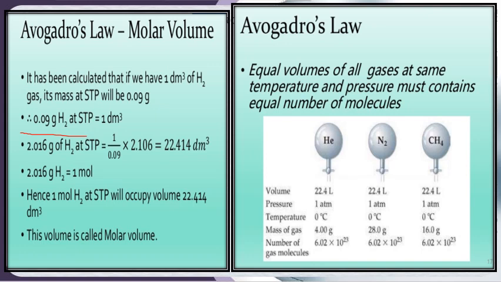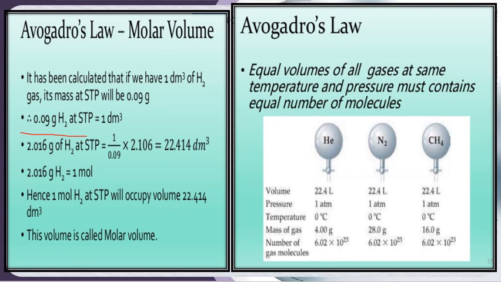Here it is being given that equal volumes of all gases at the same temperature and pressure contain an equal number of molecules. For example, here you can see 3 gases present in these 3 balloons: helium, nitrogen and methane.